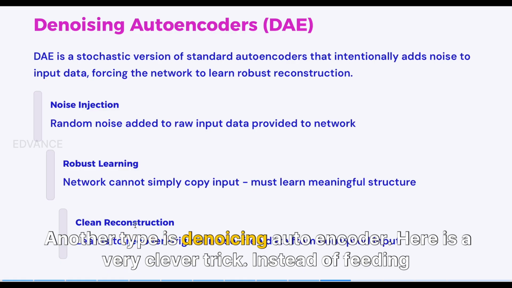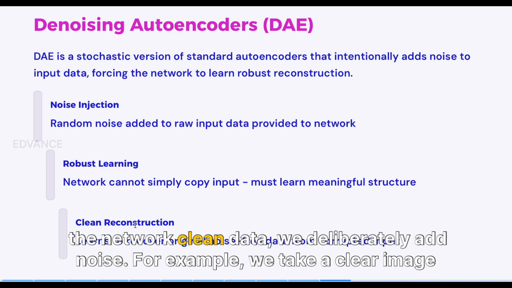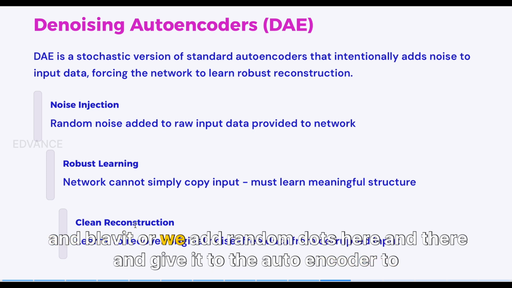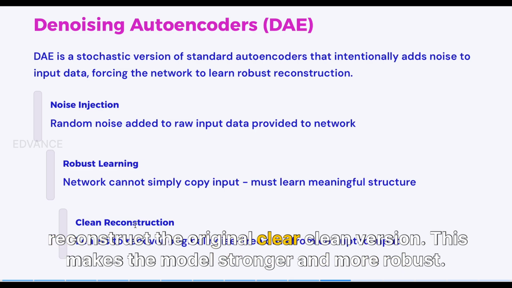Another type is denoising autoencoder. Here is a very clever trick. Instead of feeding the network clean data, we deliberately add noise. For example, we take a clear image and blur it, or we add random dots here and there and give it to the autoencoder to reconstruct the original clean version.